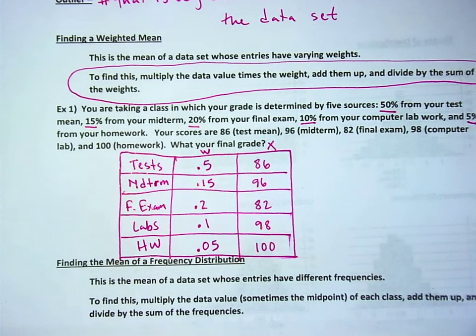Okay, now before we calculate this, let's just make a reasonable guess. What is a reasonable guess for your grade in this class? So you get a B- on the final exam, A's on your midterm, your labs, and your homework. Tests, you got an average of a high B. What are you thinking?